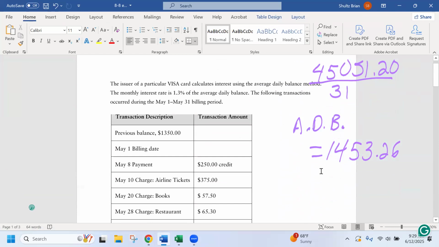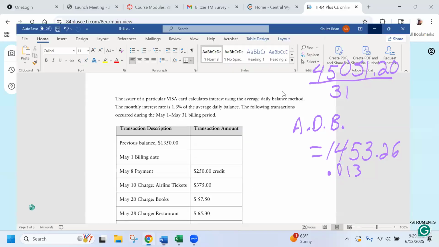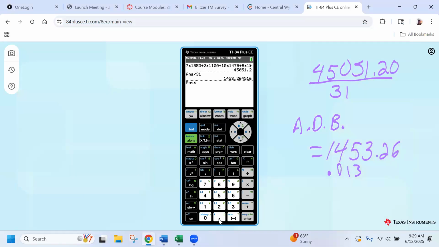So once I have the average daily balance, I'm going to take that times 0.013, and that will find out the amount of interest that I have. So I'm just going to go times 0.013. I get $18.89.